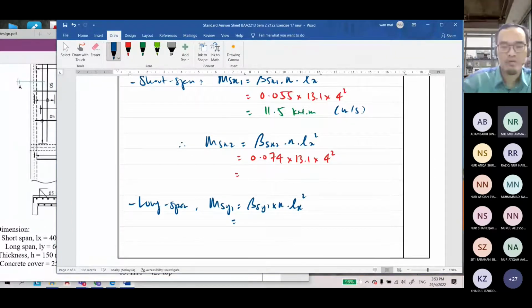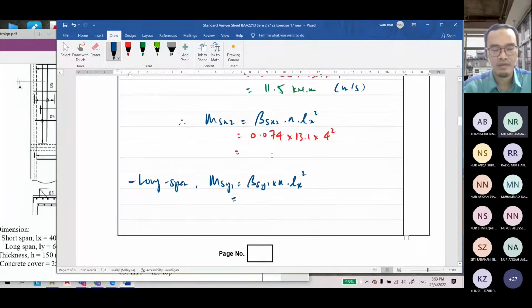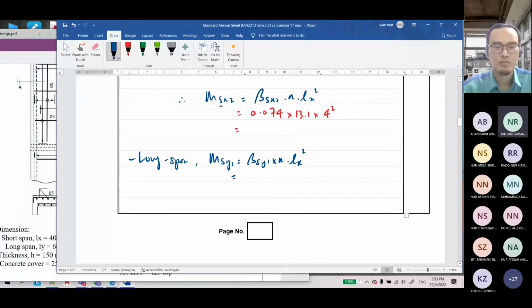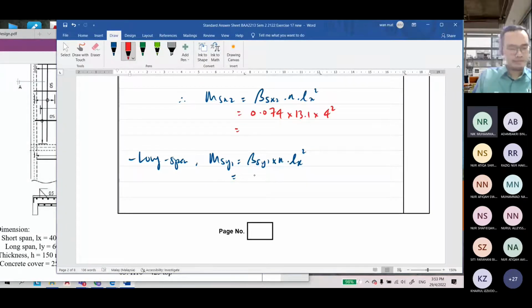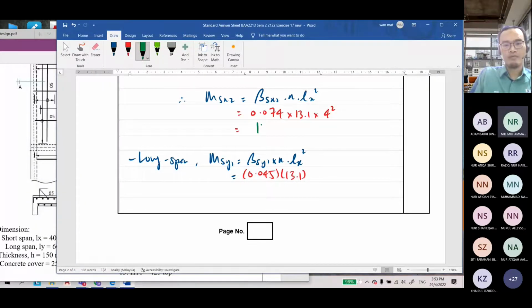Any answer for MSX2? Okay, good. 15.5 kilonewton meter.